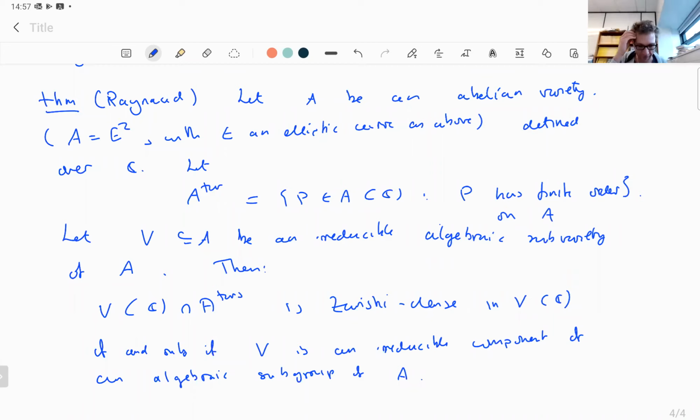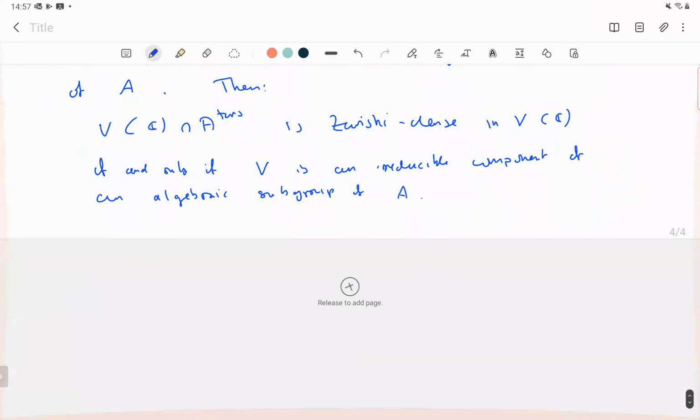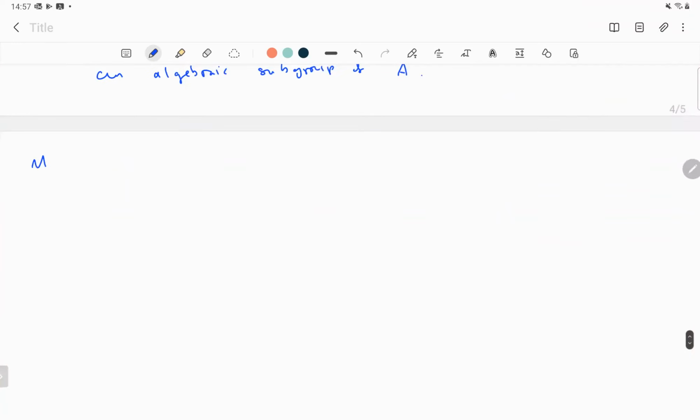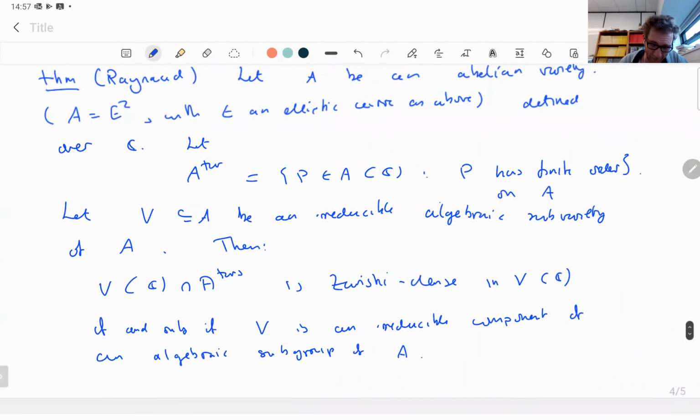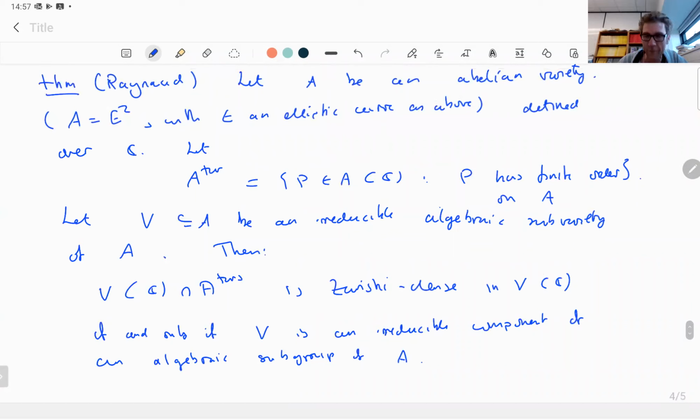Okay, so I should say that for this statement, there are much stronger and more general statements known. And this theorem is from the 80s, and it's been generalized and improved in lots of ways, but it's still quite an influential result.